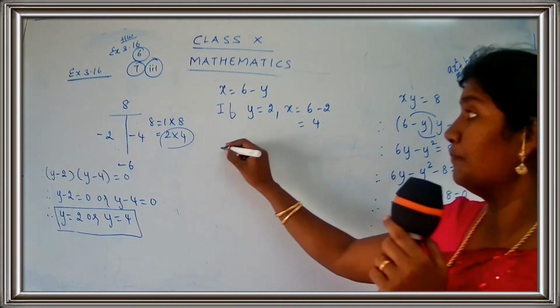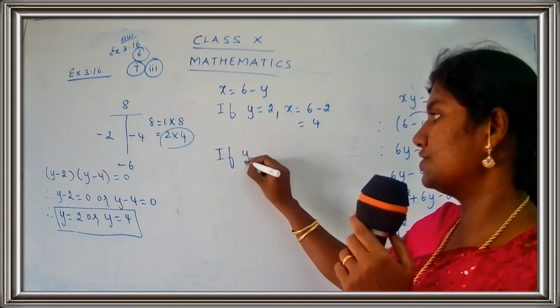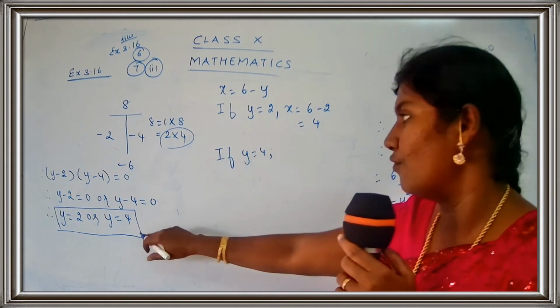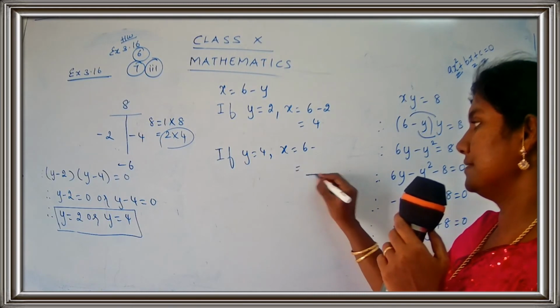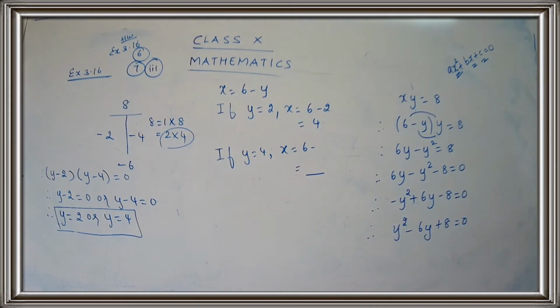Very simple. Okay, now you try for the next case, children. If y is equal to 4, x is equal to 6 minus. Apply the thing and get the answer. Have you found the value, children?